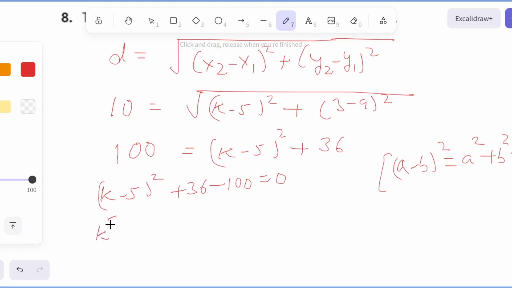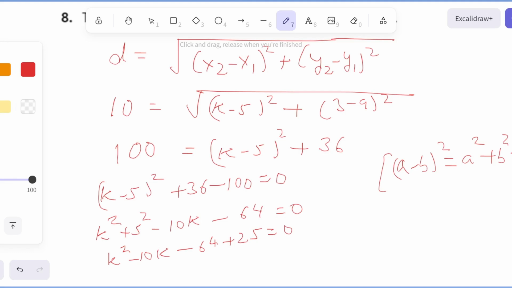So k² + 5² − 10k, and 100 minus 36 is 64, equal to 0. Now you can combine this 5², which is 25, and 64, and this becomes k² − 10k − 64 + 25 = 0, right?